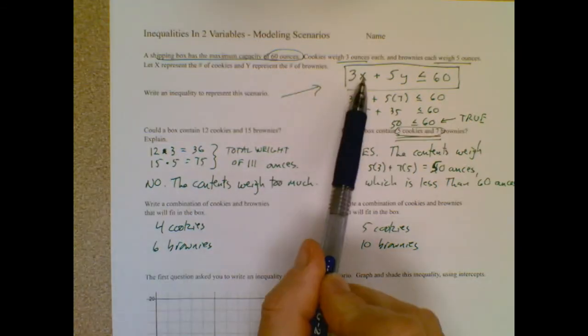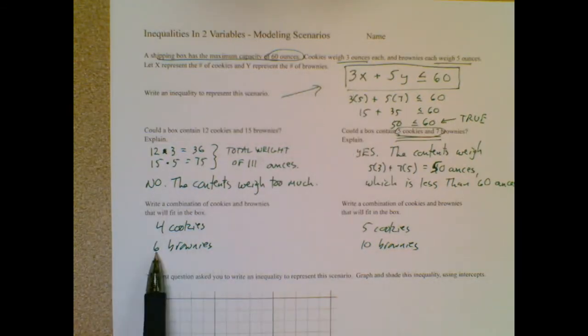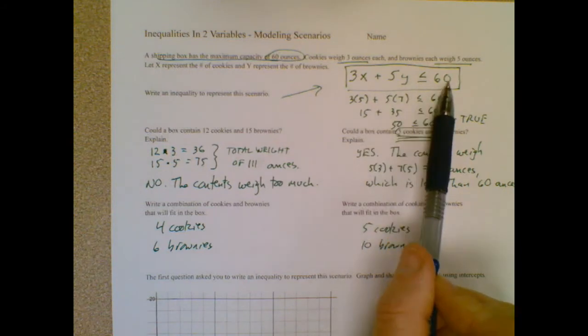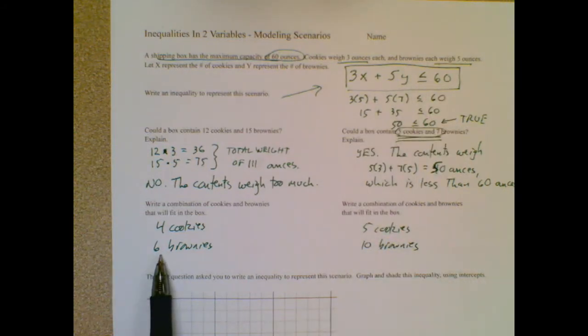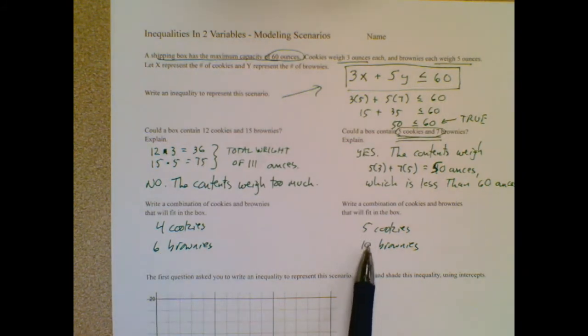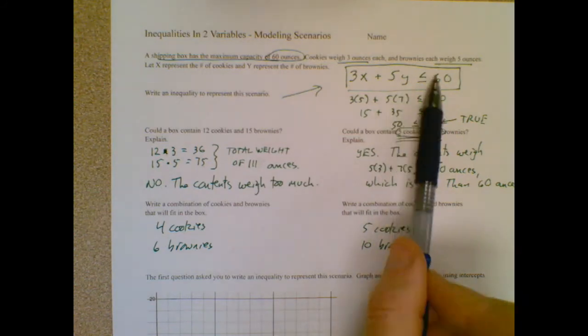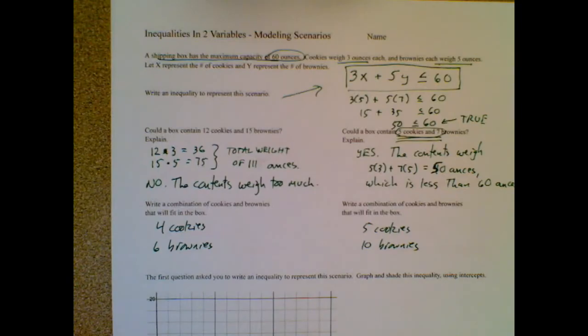Take a 4, plug it in for x, take a 6, plug it in for y, and when I plug those in, in the end I should get some number that's less than or equal to 60, making that true, or a solution to the inequality. If I plug these in for x and the 10 in for y, I'm going to get something that is false, and that tells me that's not a solution to the inequality.